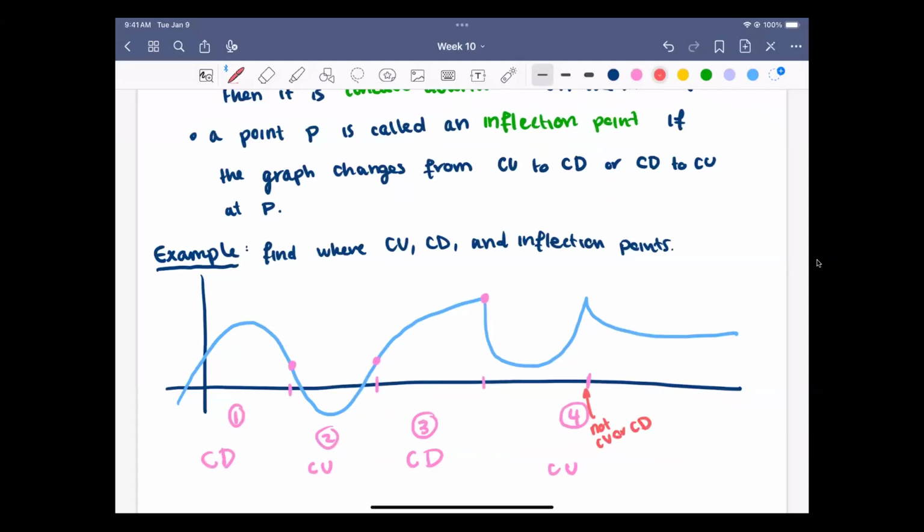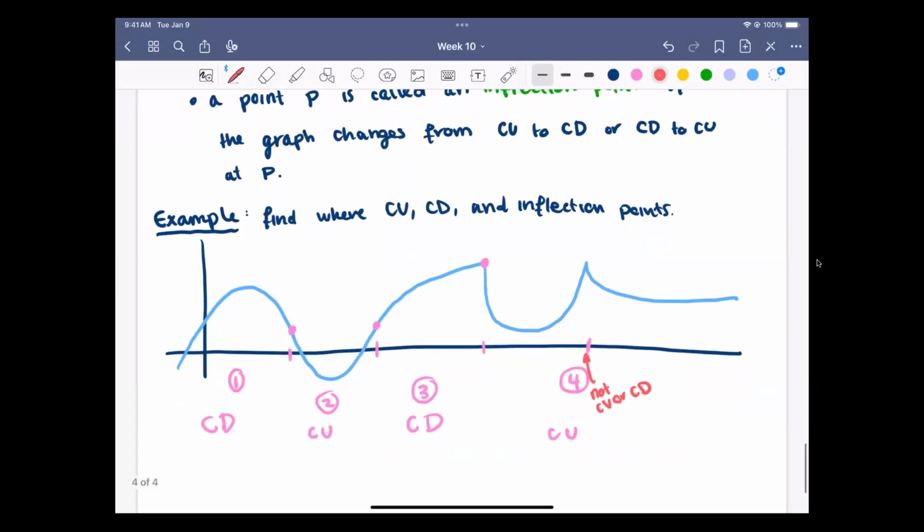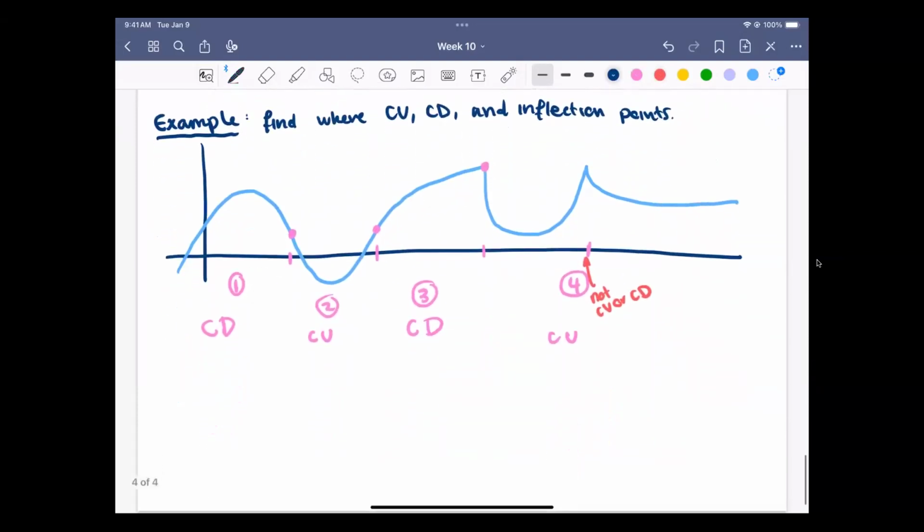Okay, good. So I'm gonna summarize the observations that we were making earlier about what the concavity tells us about f double prime, and I'll phrase it as a test. So this is called the concavity test.